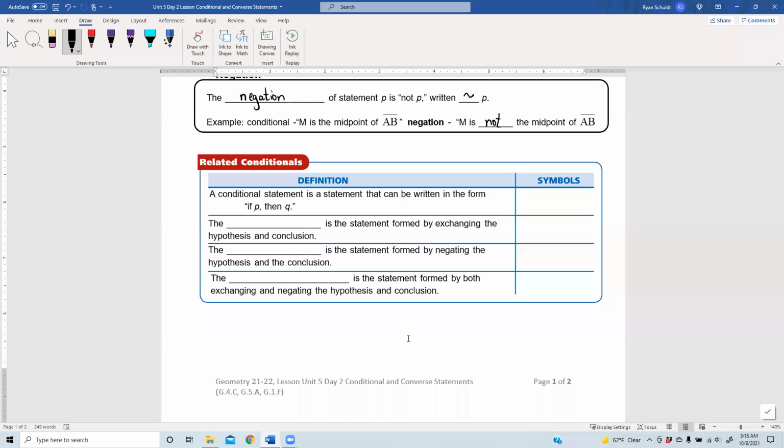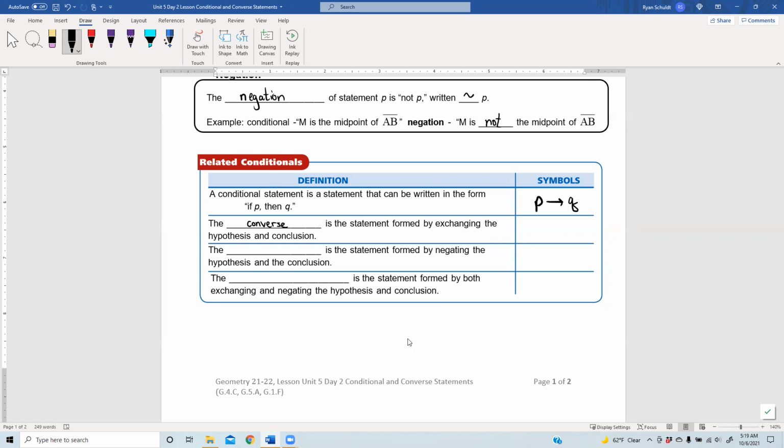A conditional statement is a statement that can be written in the form if P, then Q. The converse is the statement formed by exchanging the hypothesis and the conclusion.